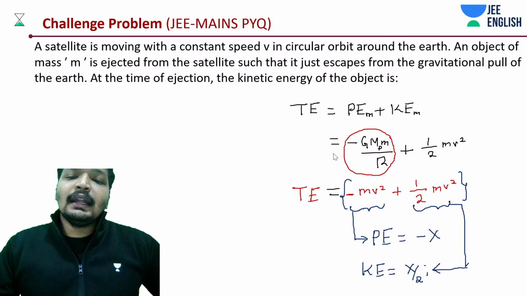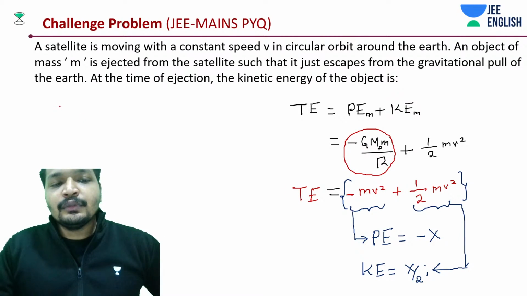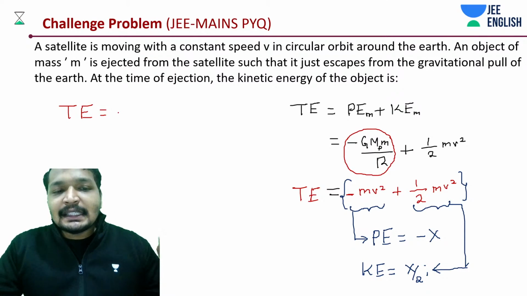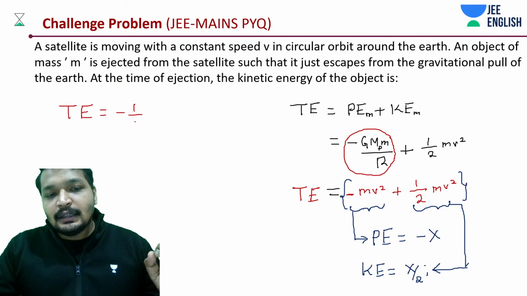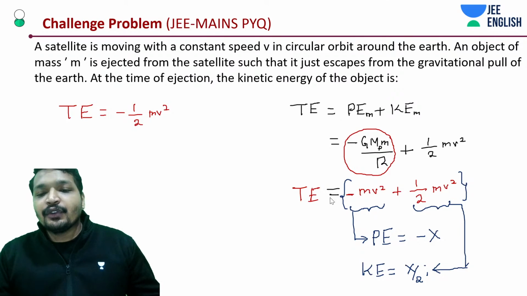And let me first simplify this. This is going to be always true. Your total energy is going to be how much? Basically minus half mv square in this case. This is going to be a universal thing if you notice it.